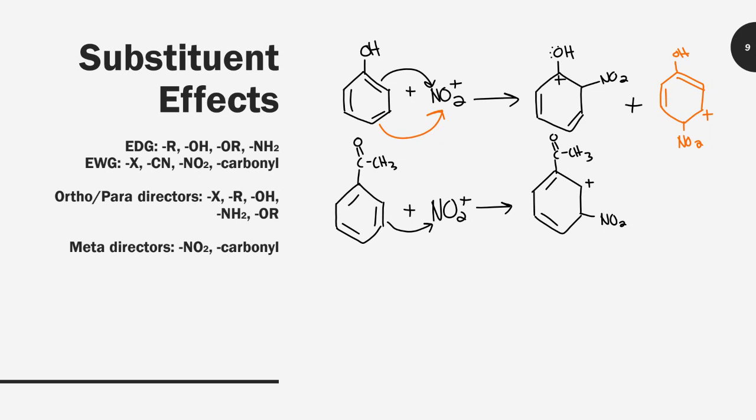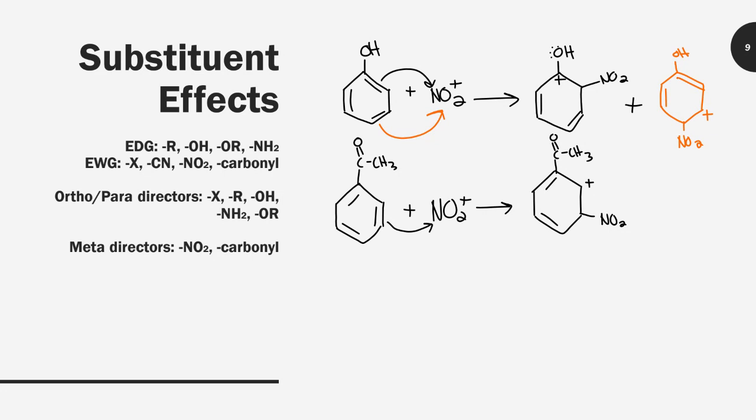Okay, so EDGs will have a lone pair of electrons on the atom that's directly connected to the ring, or it'll just be electronegative in some way, which can donate electrons to the ring. The idea is that the more electron density you have in the ring, the faster the reaction will be.